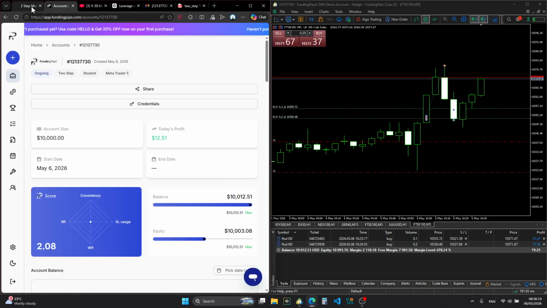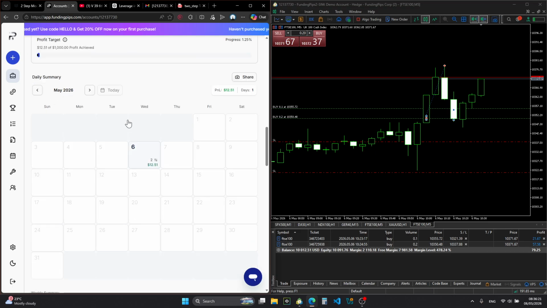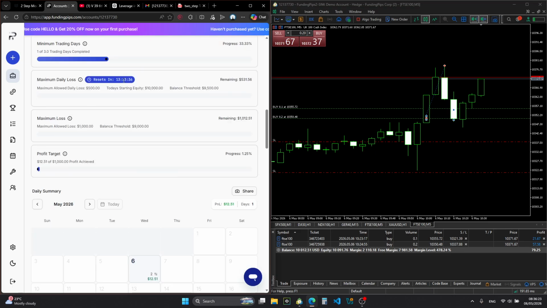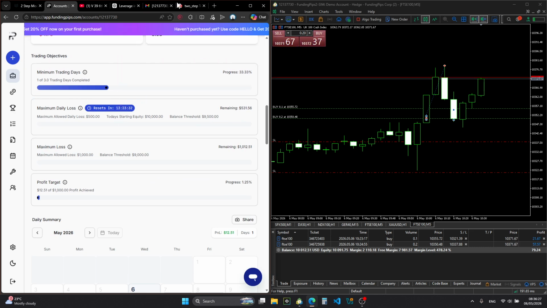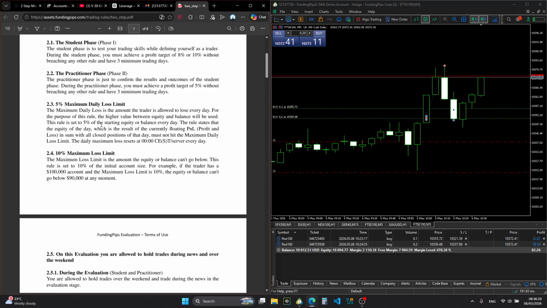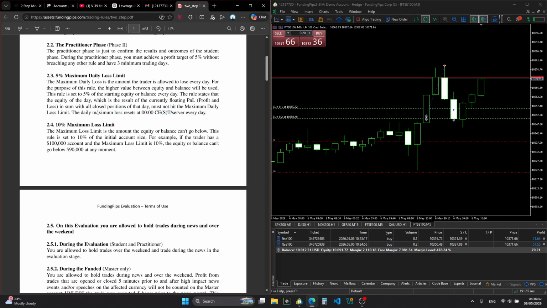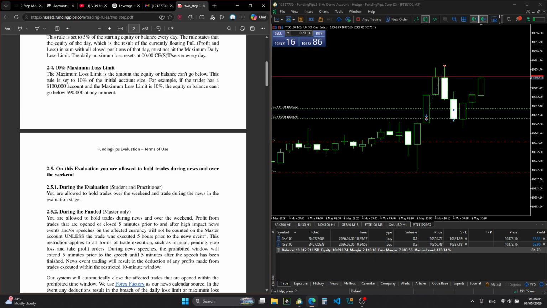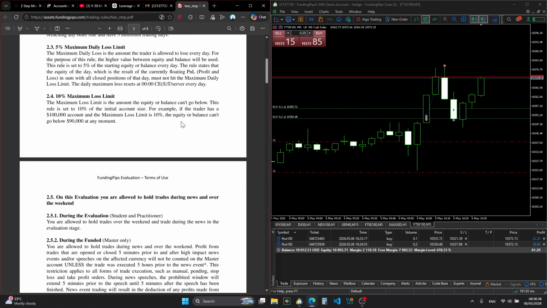Yeah, I saw that it resets every day. Okay, yeah. 10%, it's the same as FTMO, I guess. But one change is that it's not on fixed equity, it's on trading equity.